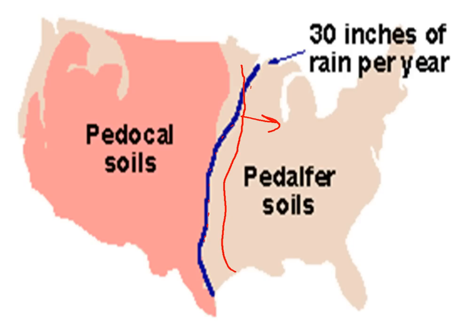And typically to the west, there's less rain. Now, is that everywhere? No. The Pacific Northwest and some other places break the 30 inches of rain. But your pedalfer soils are where you're going to get moister climates and more rain. And your pedocal soils you find where you have your drier climates.